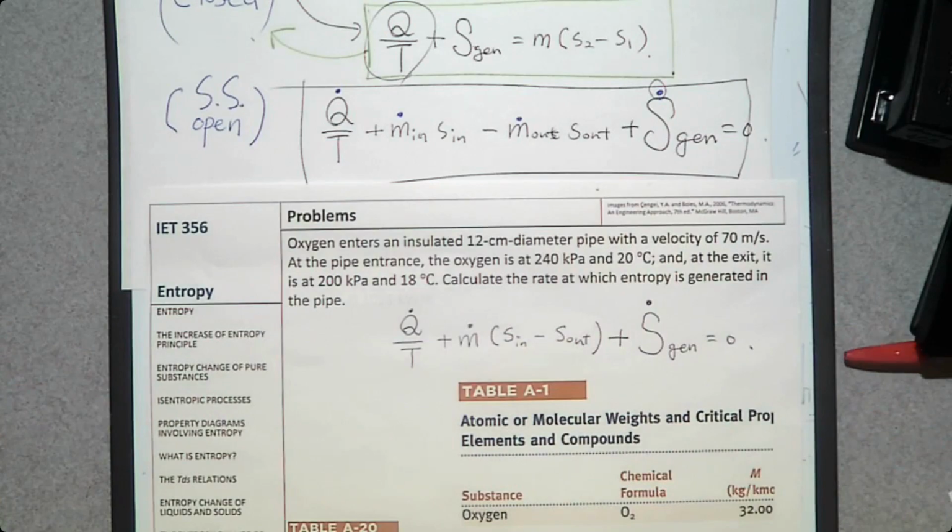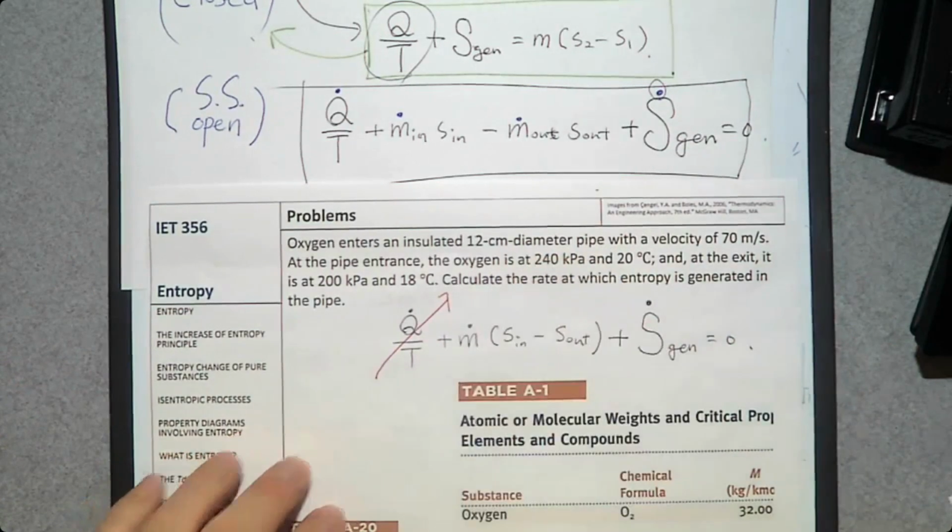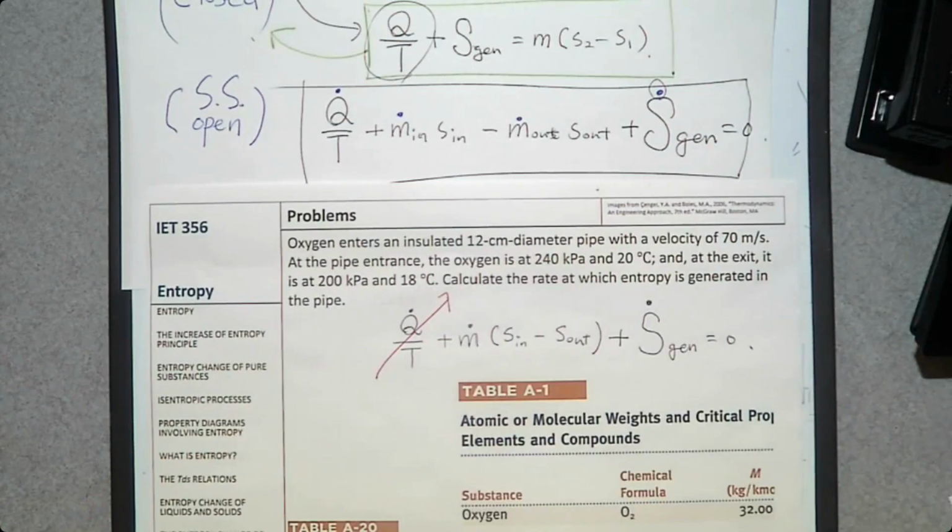It says it is an insulated pipe, so there is no heat transfer, so we can neglect the first term in this equation. So what can we do? We need to determine M dot. We need to determine S in minus S out. So let's do that. How can we determine M dot? There are two equations to determine M dot.